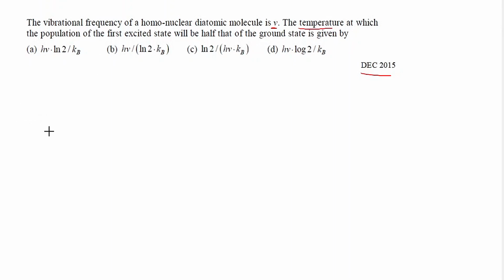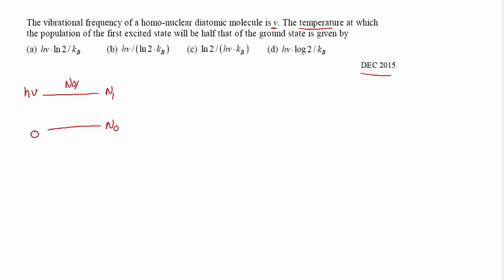So over here it is given that we have two energy levels, and suppose the energy of the ground state is 0, so the excited state will be h mu. Suppose n0 are the number of particles present in the ground state, and n1 are the number of particles present in the first excited state.